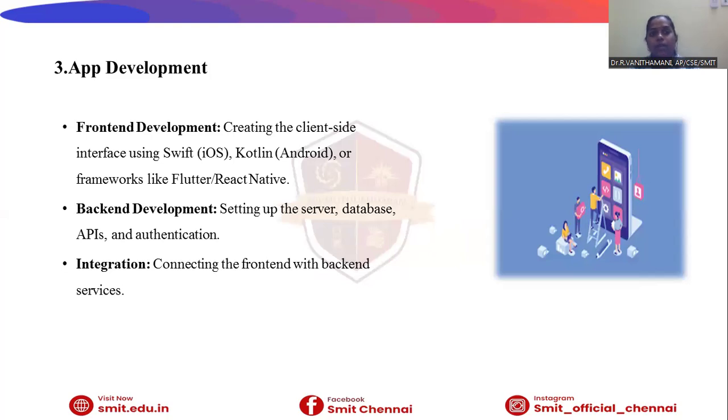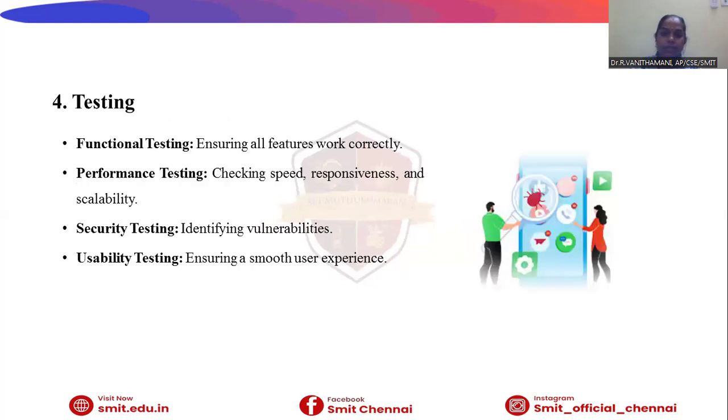App development can include two things, front-end and back-end development. Front-end development is creating the client-side interface using Swift for iOS, Kotlin for Android, or frameworks like Flutter and React Native. Back-end development is setting up the server, database, API and authentication. Integration is connecting the front-end with the back-end services.